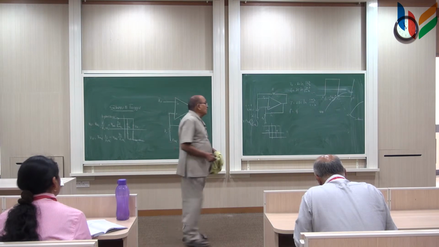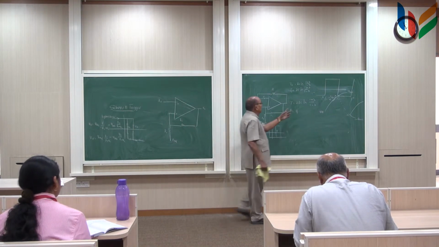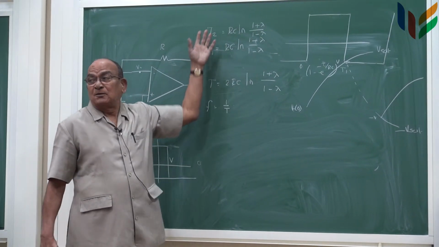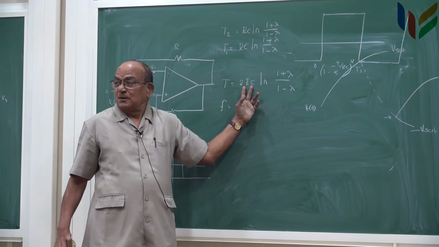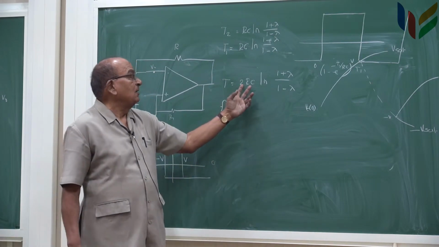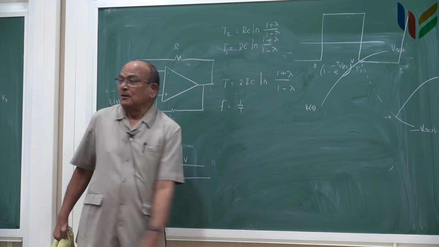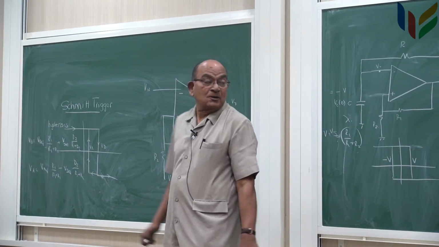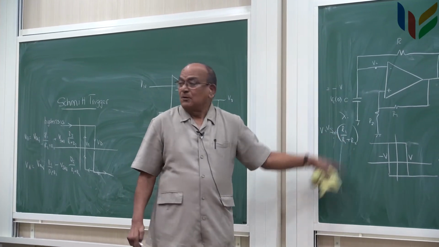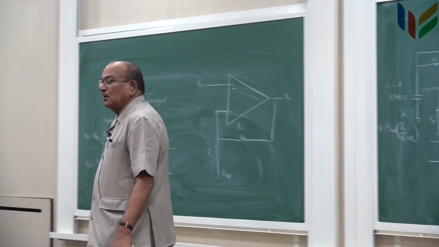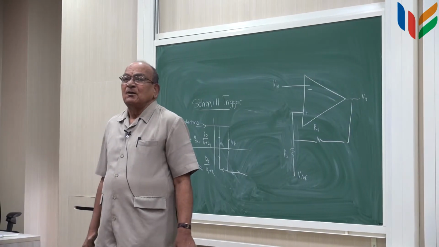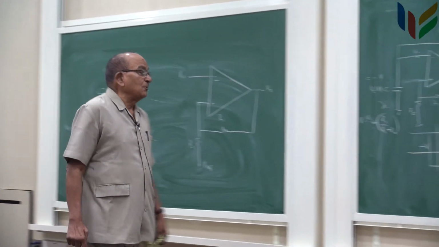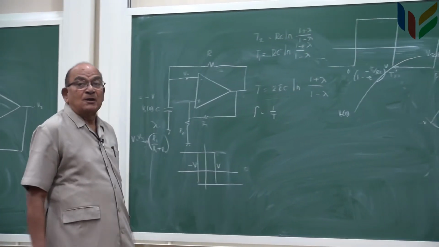Okay. And then for the time period you have control of R, C. Whether T1, T2 are both equal, it will have an RC relationship because that is the charging characteristic, and it also depends upon the lambda, which is the ratio of these two resistors, R1 by R1 plus R2. So you have a lot of freedom in choosing various parameters, lambda and your V reference and your value of RC.